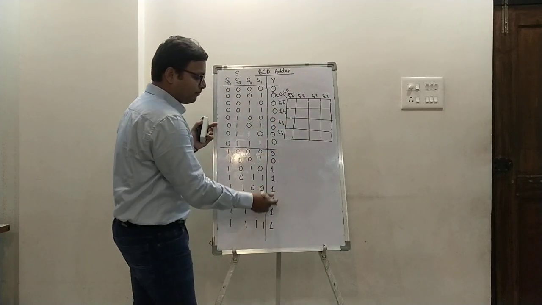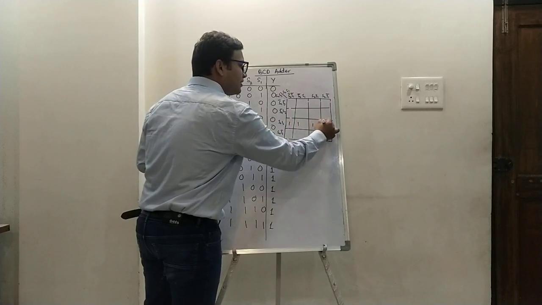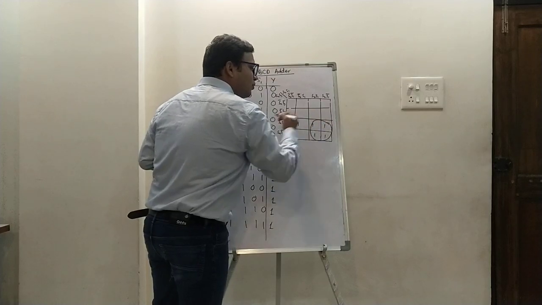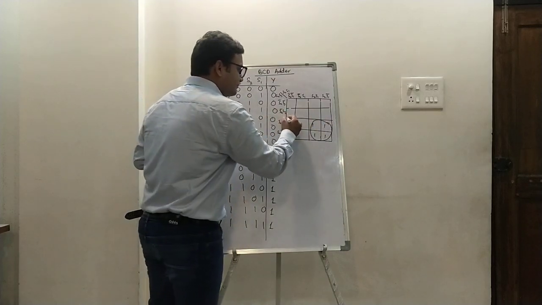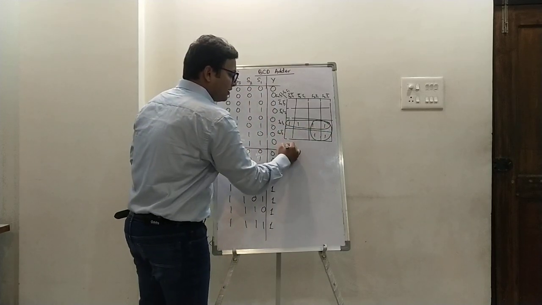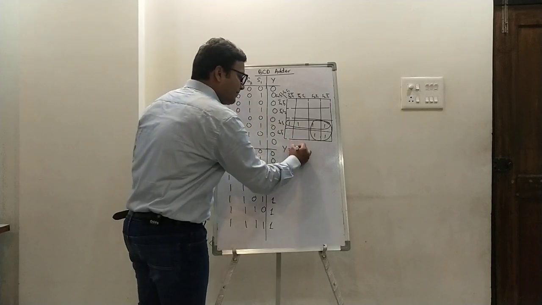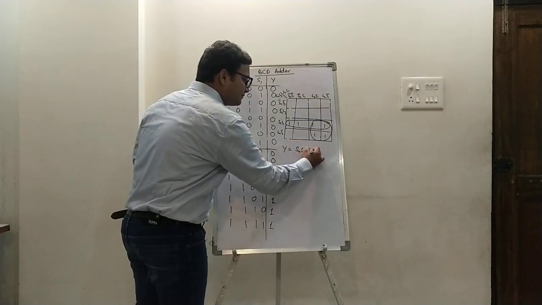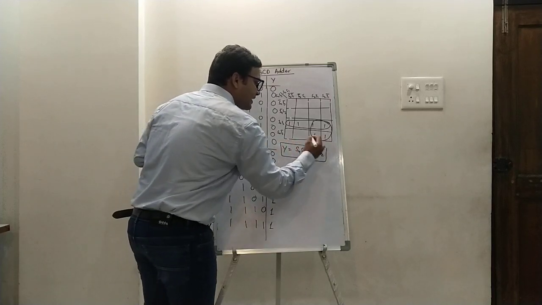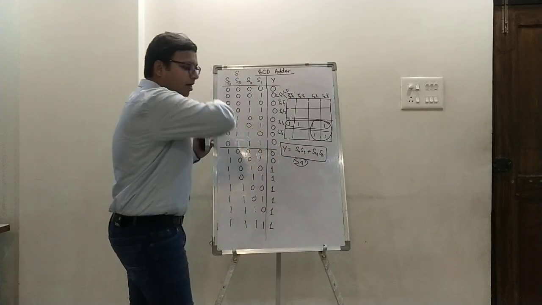Now I put the minterms in the particular places, 1, 1, 1, 1, 1, 1. If I solve this, these are the 4 and 2 quad mappings. So I got the output for my circuit. The correction circuit is S4 S3 plus S4 S2. So this is the correction circuit if my BCD sum is greater than 9.